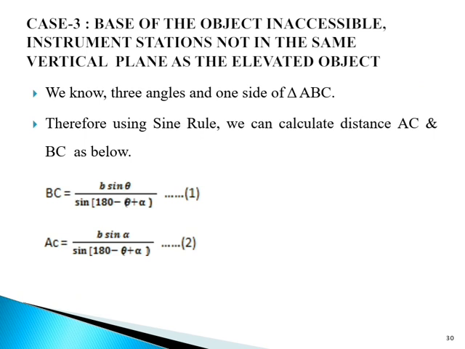BC is equal to b sin theta divided by sin(180 minus (theta plus alpha)), which is equation number 1, and AC is equal to b sin alpha divided by sin(180 minus (theta plus alpha)), which we note down as equation number 2.